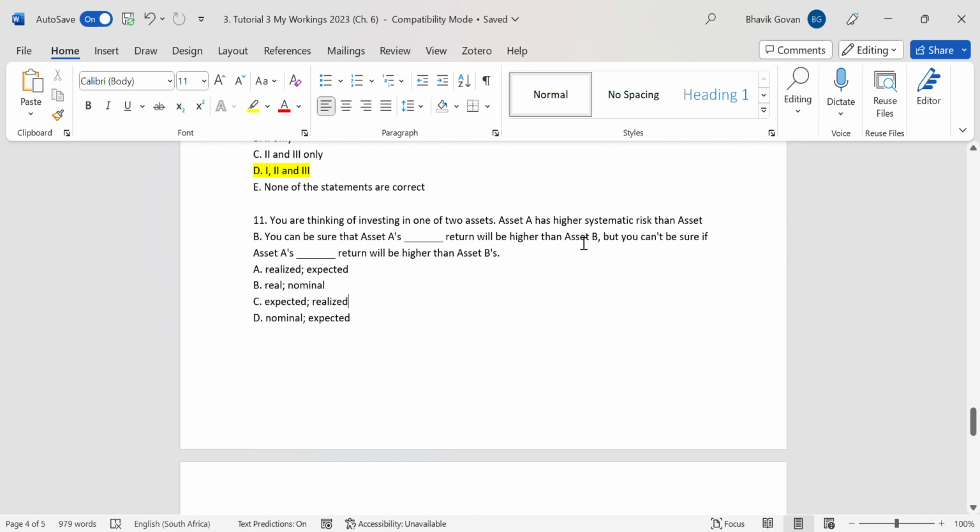So A has a higher risk than B, so you can definitely be sure that A's expected return will be higher than B, but you can't be sure if A's realized return will be higher than B, because it hasn't happened yet. So yeah, that's our answer.